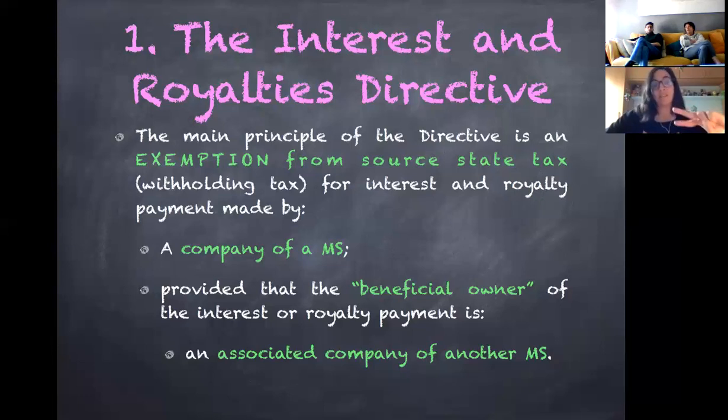So we need two different companies of two different member states. And the beneficial owner of the interest or royalty payment should be inside the European Union, and cannot be in a third country.